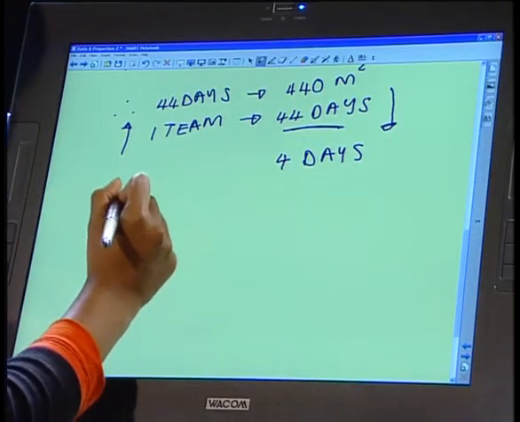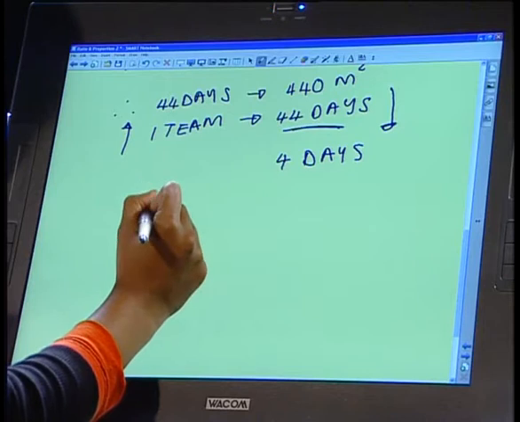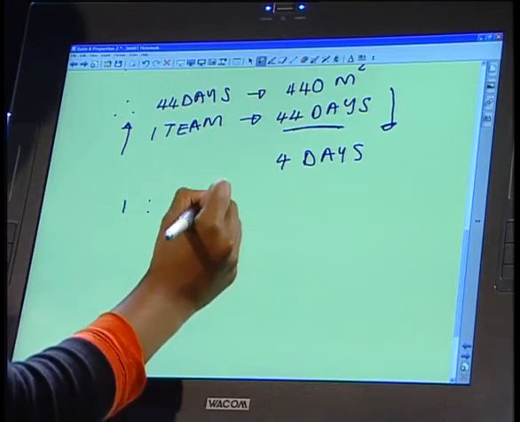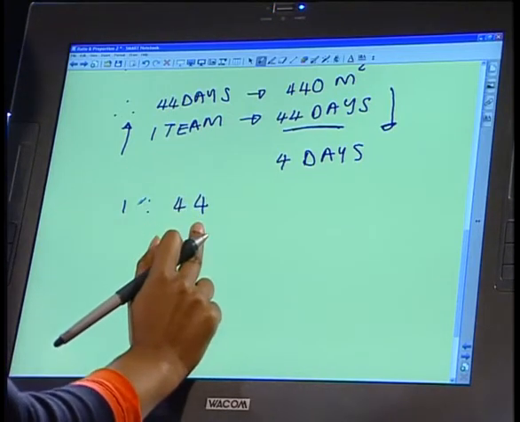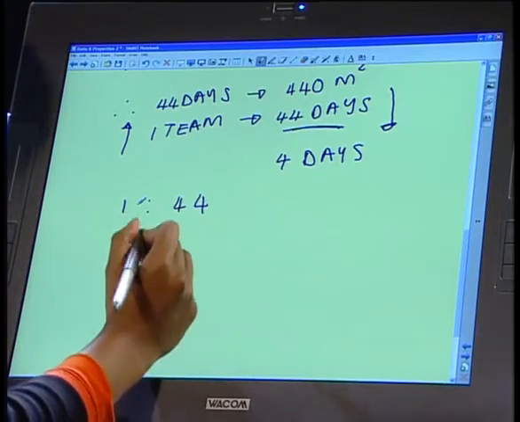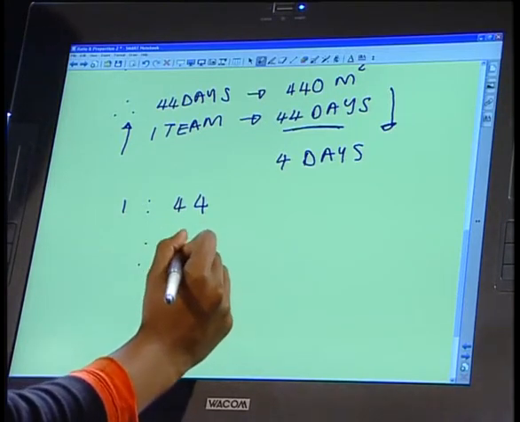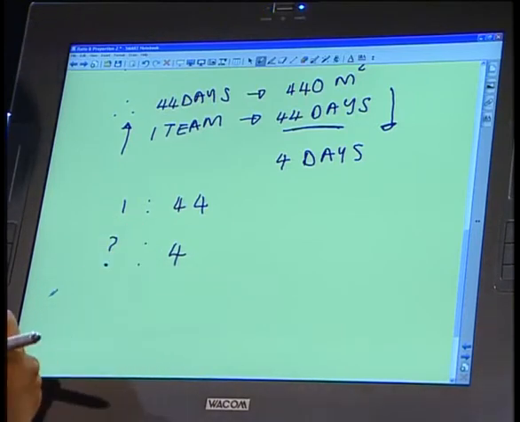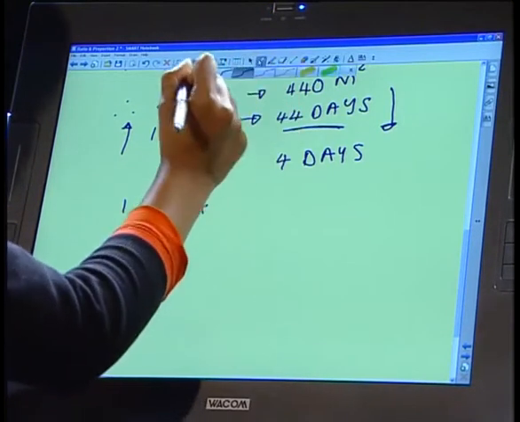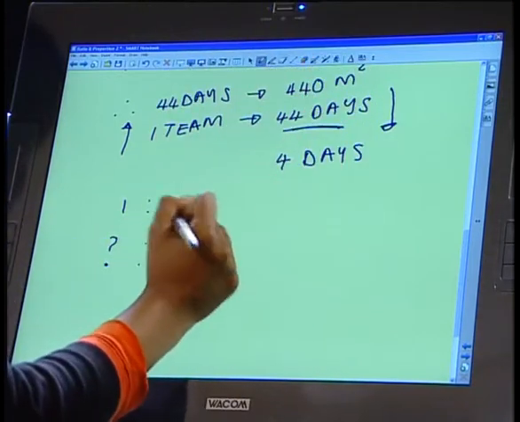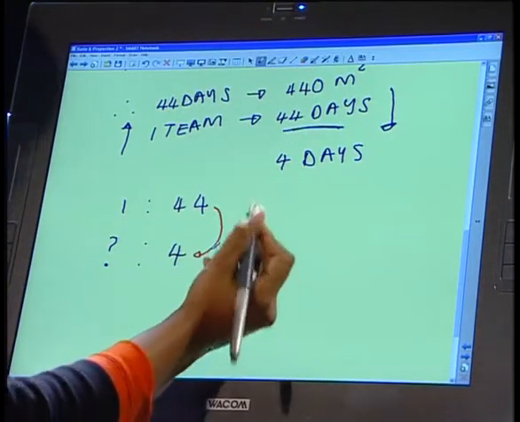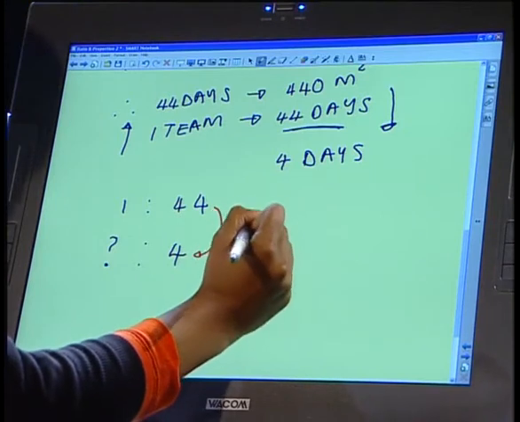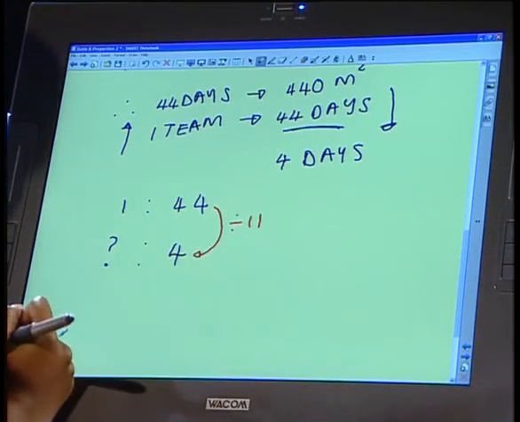So we have 1 is to 44 days, for 1 team for 44 days. But I want to get this job done in 4 days, and I need to know how many teams this is going to require. So, to get from 44 days to 4 days, what did you have to do? We had to divide by 11.